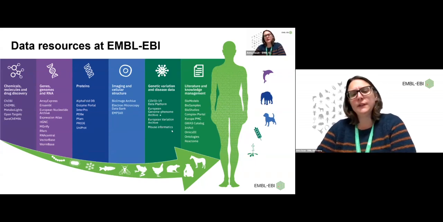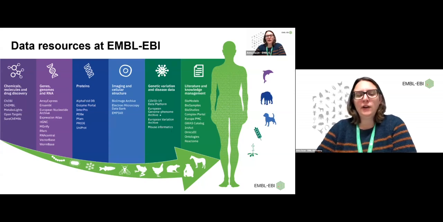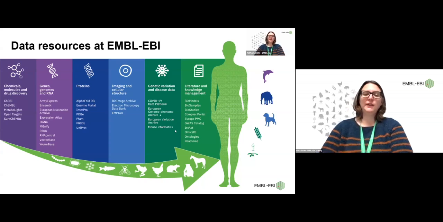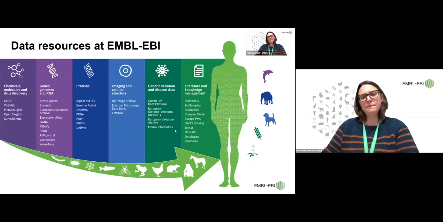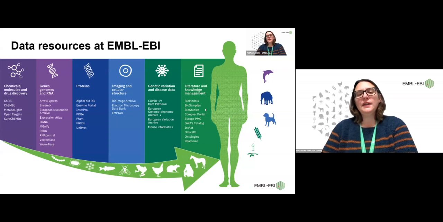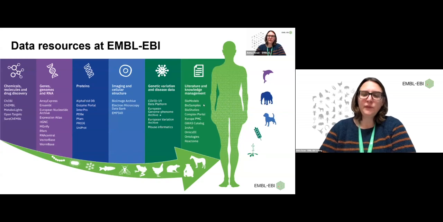It's all about different pathogens, and it's a great place to start if you're looking for that kind of thing. Then we have model data, so mouse informatics, mouse model data, and then onto the literature and the knowledge management side of things. So for example, BioModels for mathematical modeling, the GWAS Catalog for genome-wide association study data. So all sorts of things.